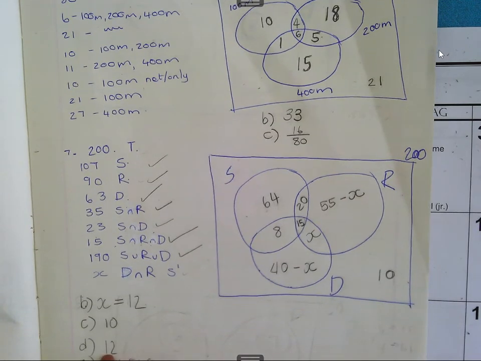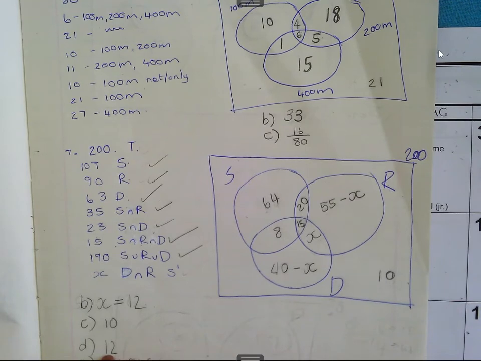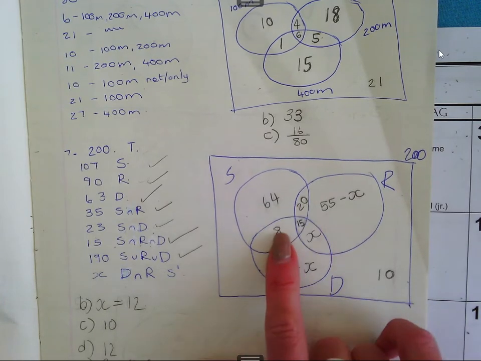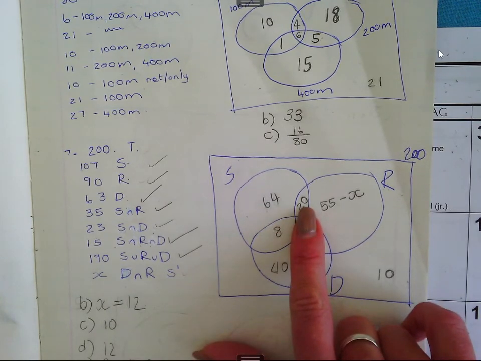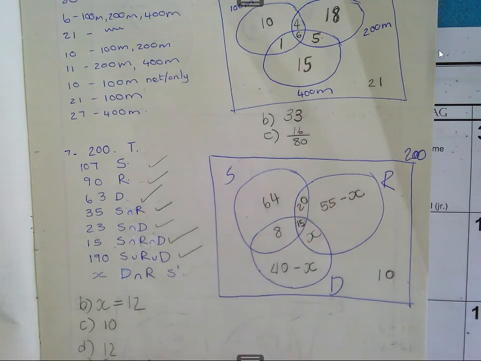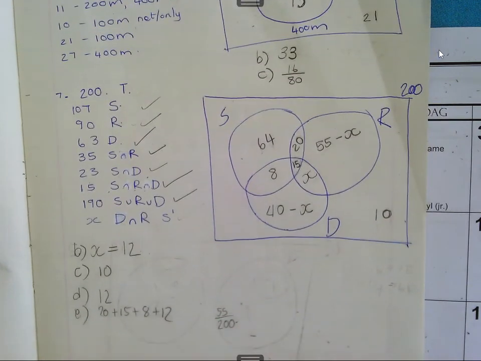And then what's the probability that you will choose someone that registered for at least 2? At least 2. So it's going to be the ones that registered for 2, 8, 12 and 20, and the one that registered for 3, because at least 2 is 2 or more. So that gives me 55 over 200.